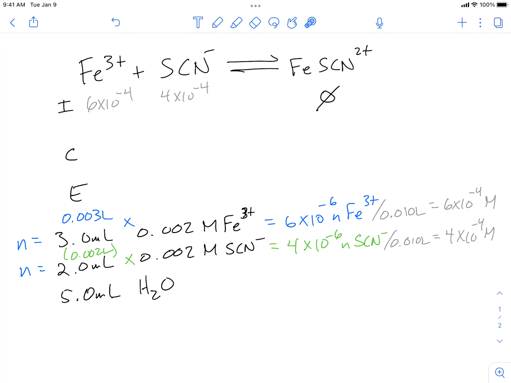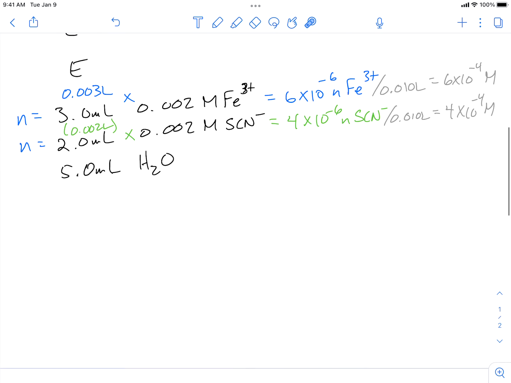In our lab, we created a calibration curve, and then we read the absorbance of our equilibrium system. When we mixed these solutions together with our water, we let the reaction come to equilibrium, read the absorbance, and then use the information from our calibration curve.